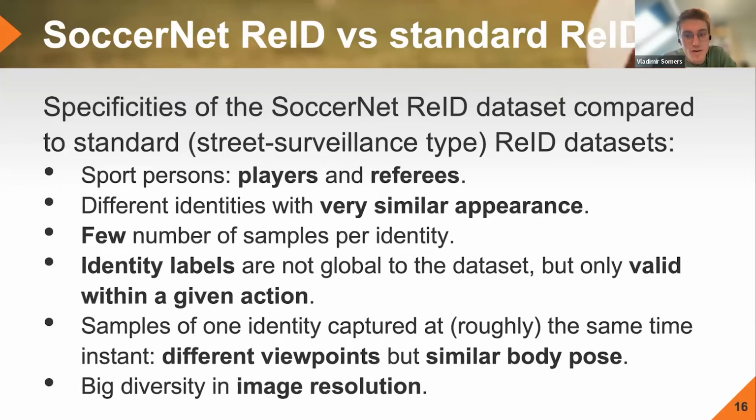And because we are in a team sport context, different identities might have a very similar appearance in the dataset, which renders, of course, the re-identification task very hard. Also, we have a small number of samples per identity compared to other datasets. Again, identity labels are not global to the dataset. This is what I explained previously. And those identity labels are only valid within a given action.